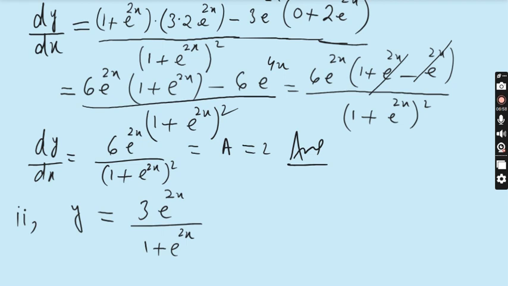According to question, this curve crosses the axis, meaning the value of x must be 0, because on the y-axis the value of x is 0.